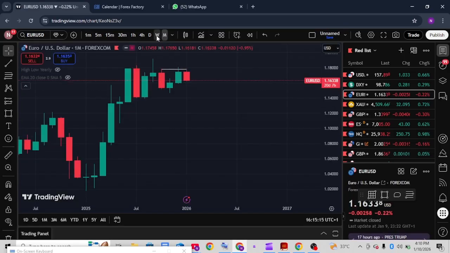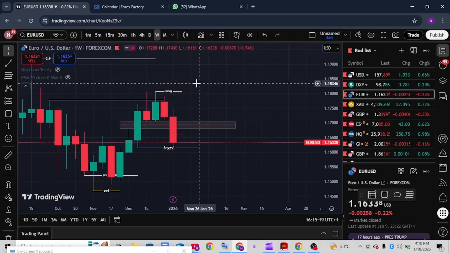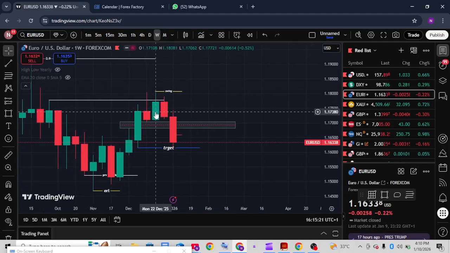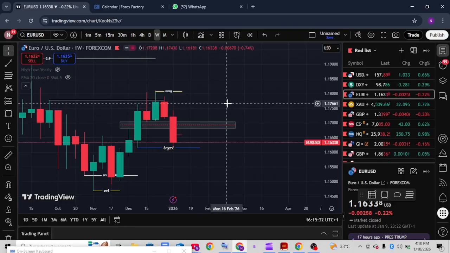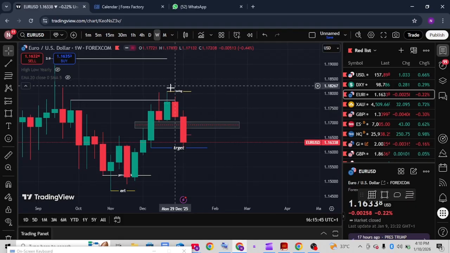So on the weekly, what do we have here? In my last video I spoke about change in state of delivery. What I use is the fractal model, one I learned from a video. The fractal model is framed from the idea that before price will reverse to create a swing point, look at this.